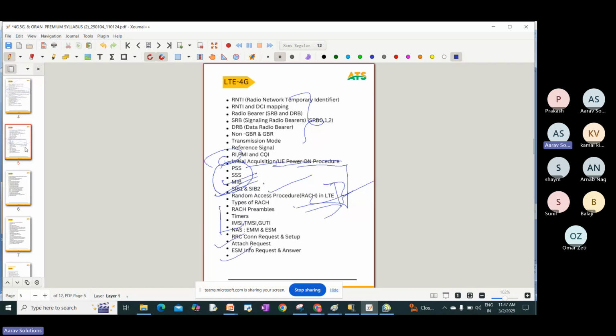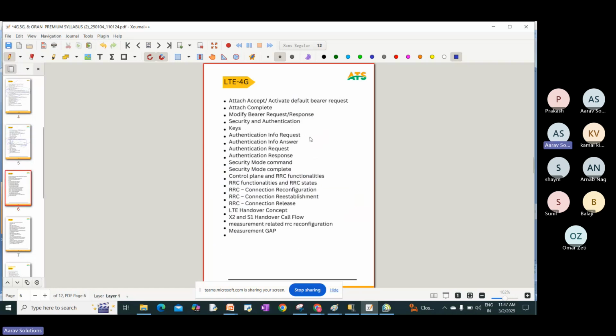Then authentication and security, meaning what exactly we do in authentication. Here we have mutual authentication: how my network will authenticate my UE, and how my UE will authenticate my network. All those things we will understand.